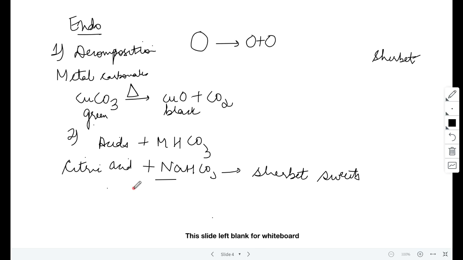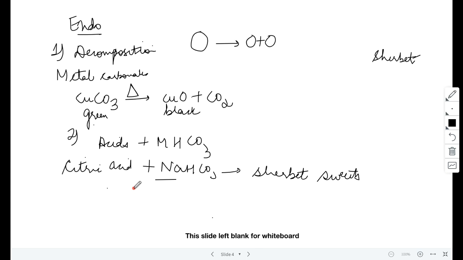So now if I ask you, what are the examples of the exothermic reaction? Can you tell me? Of exothermic reaction, the examples are hand warmers, the self-heating cans, the chemical combustion, the neutralization reaction, the oxidation reaction.